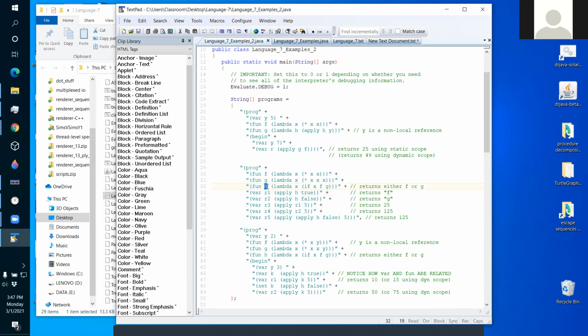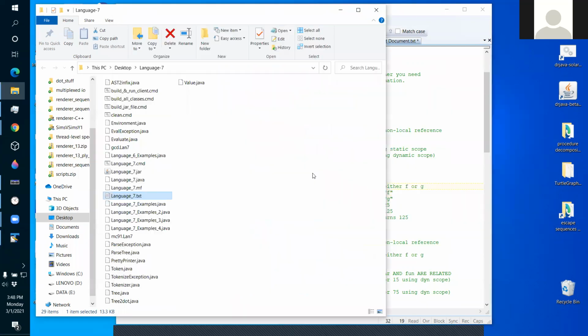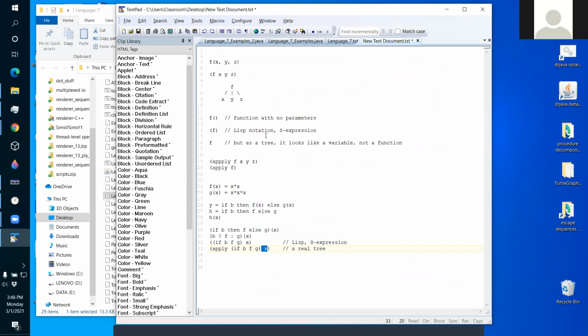Here's a function F, here's a function G, and here's the H that's either F or G. Oh, I'm sorry, that was this example here.